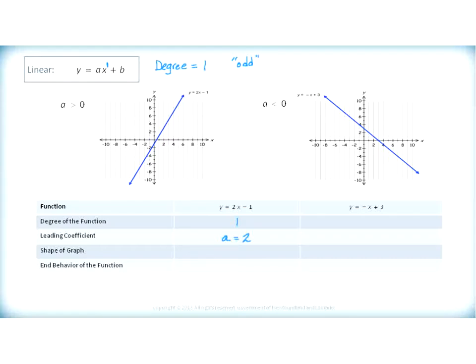The shape of the graph in this case is a straight line, and that will be true for all linear functions. The end behavior of the function can be described as a line that extends up into quadrant 1 and down into quadrant 3.